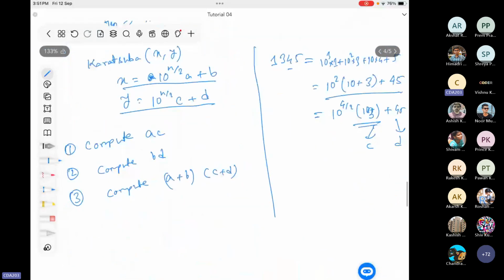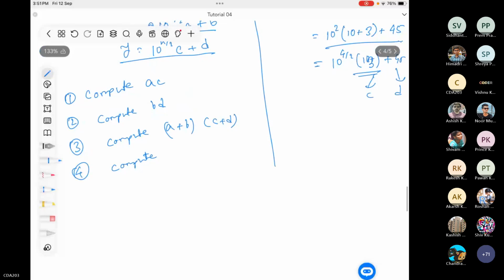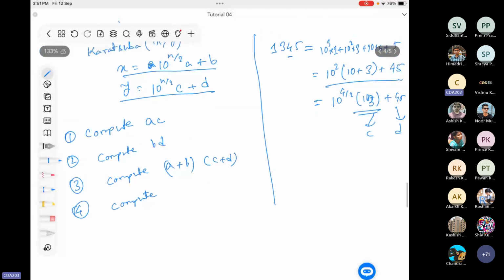And then compute, now when you compute AC, what do you do? You call Karatsuba AC. You call Karatsuba BD. So I am recursively calling this function.